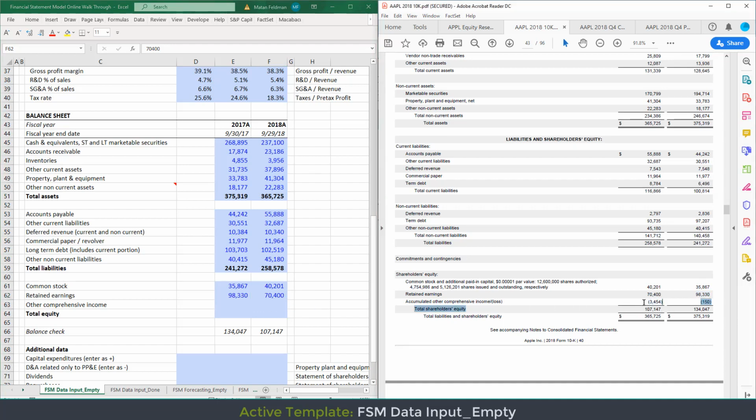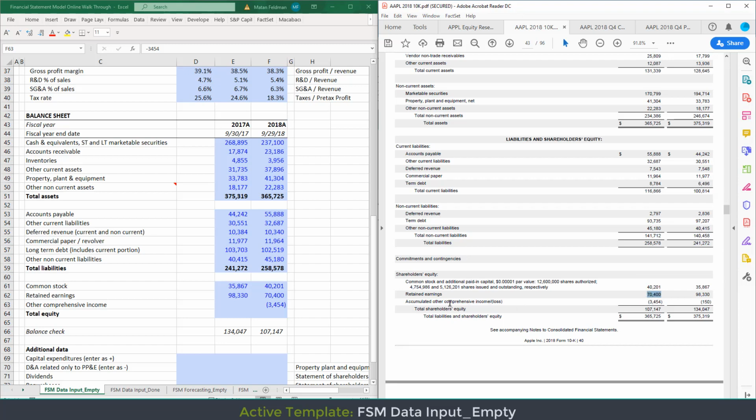And then last but not least, this is for those of you who are a little fuzzy on this line item and don't quite remember from accounting. This is kind of like a retained earnings line for junk that doesn't hit retained earnings. What I mean by that is, if you think of retained earnings as the accumulation of all net income the company's ever generated, that means it's all the revenue the company's ever generated minus all the expenses the company's ever generated.